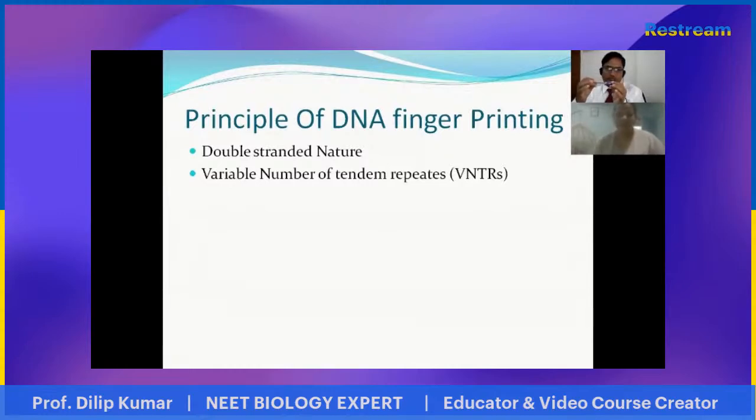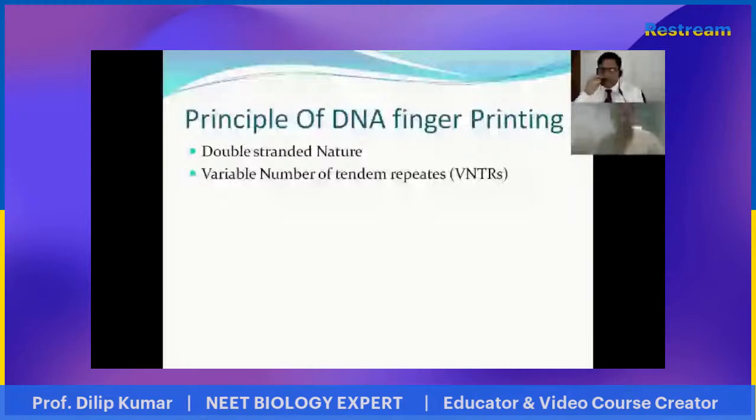Next, most important, variable number of tandem repeats. These are fragments of DNA whose position differs in different persons. It is nearly 20 to 80 base pairs in length. It is the most important tool for DNA fingerprinting.